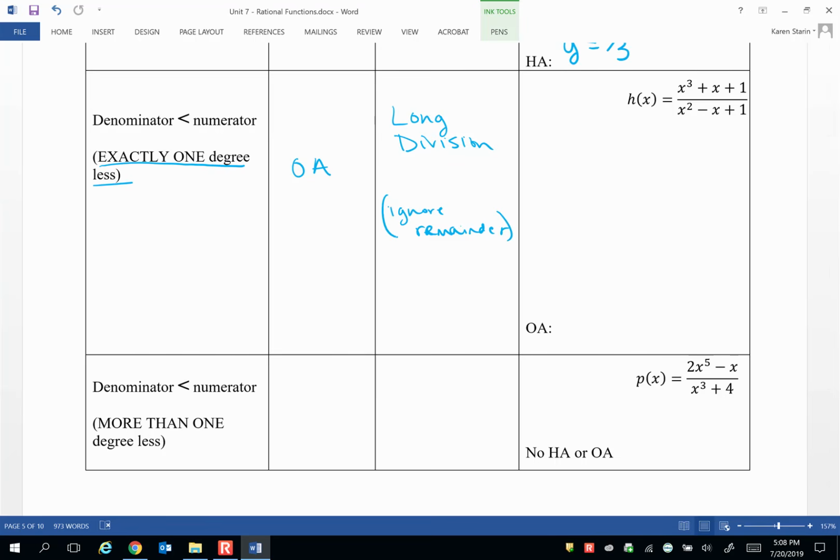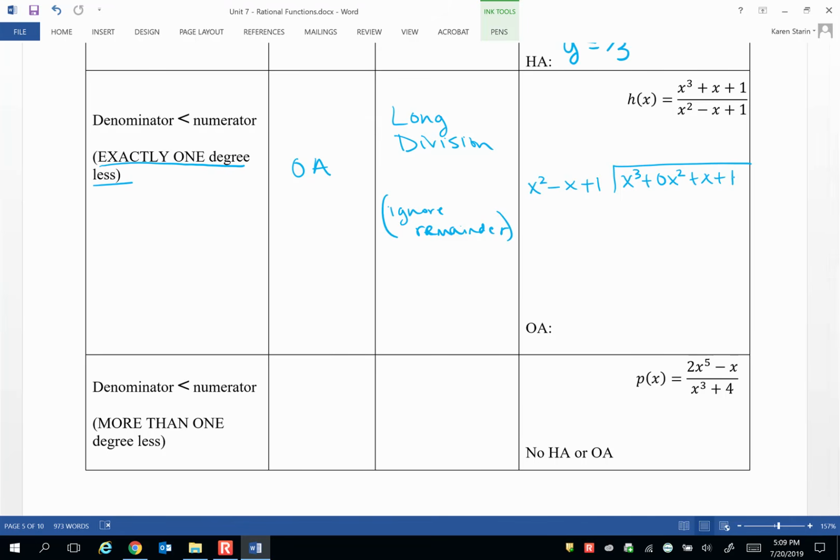h of x is given here, so we need to do long division. We're going to put x squared minus x plus 1 outside of the division symbol, and we're going to put the numerator inside. If there are any missing terms, I'm going to put 0 placeholders, and the numerator does have a missing x squared term, so I write 0x squared.